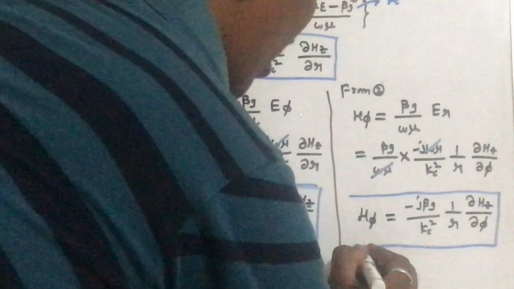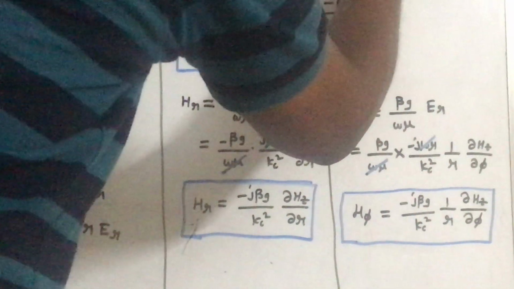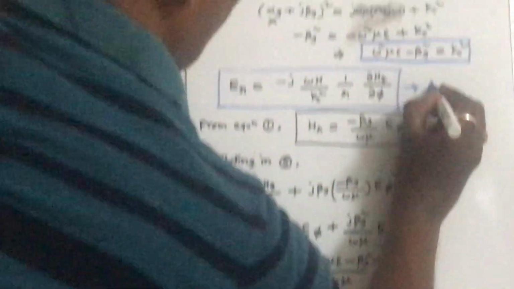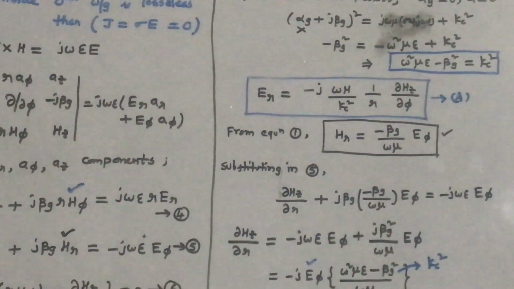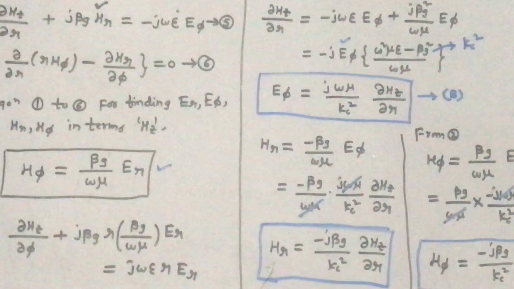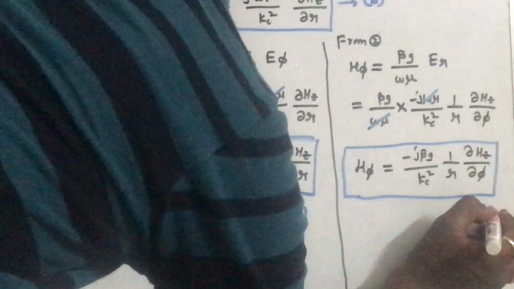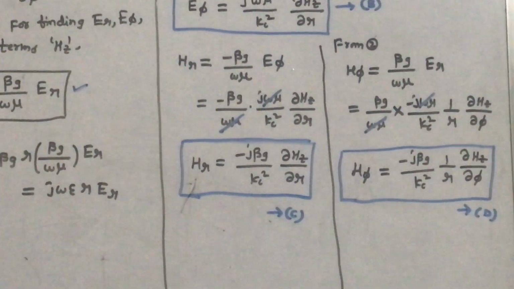Remember that we have to derive these field components. So this is equation A. This is the field component ER, radial component. This is the E phi component, B. Say this is equation C. H phi component, say this is equation D. Finally Hz, Hz is given by this equation.